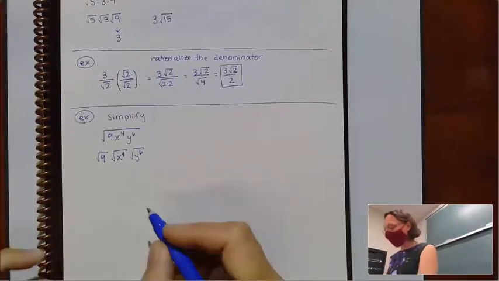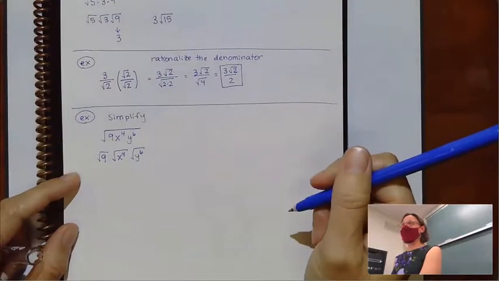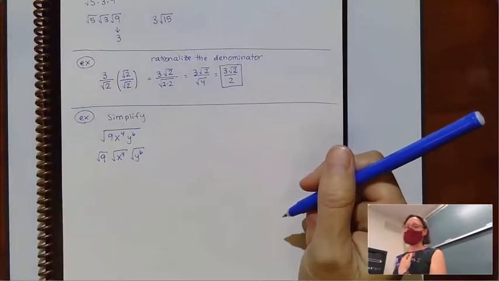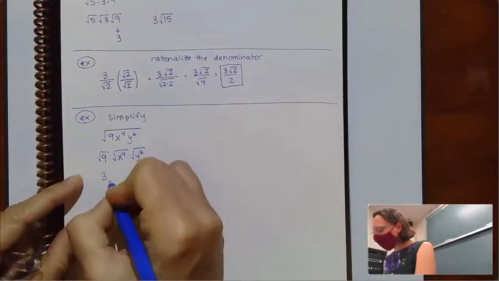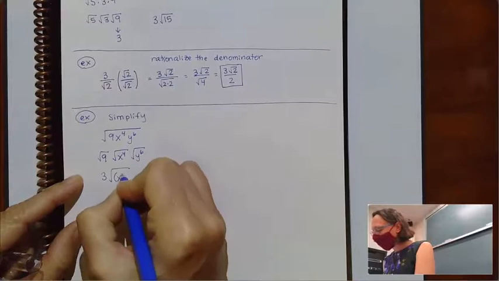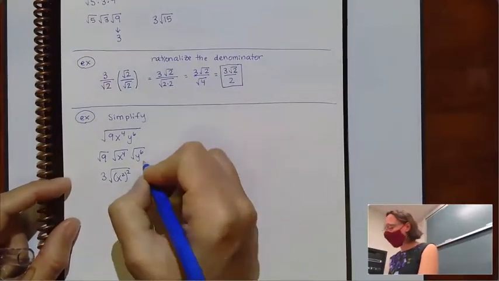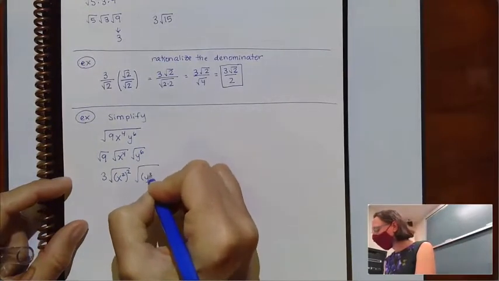I am going to go for rewrite as perfect squares first, and then I'll do it with fraction exponents, which is honestly how I think about it. Square root of 9 is 3. And then this I'm going to rewrite as x squared squared. And then I'm going to rewrite that y to the 6th as y to the 3rd squared.